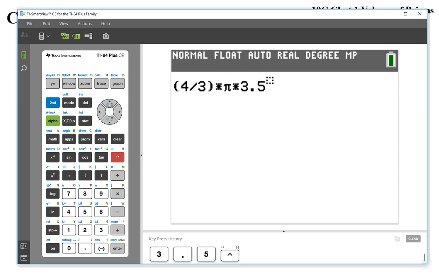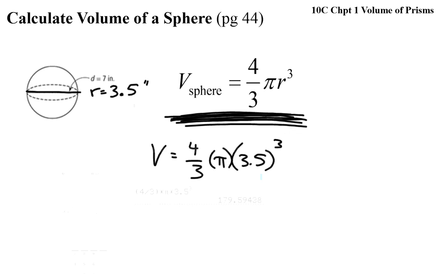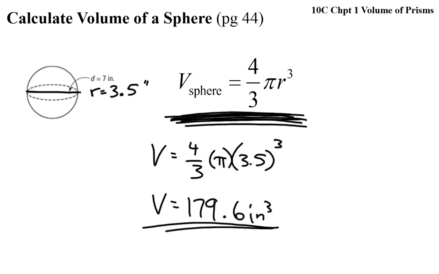That little arrow key gives us the exponent 3. Hit the cursor to leave it. There's our 4/3 times pi times the radius cubed, and that gives us 179.6 when we round it. So the volume is 179.6 inches cubed. So prisms, pyramids, spheres.